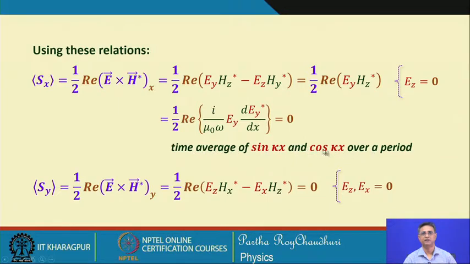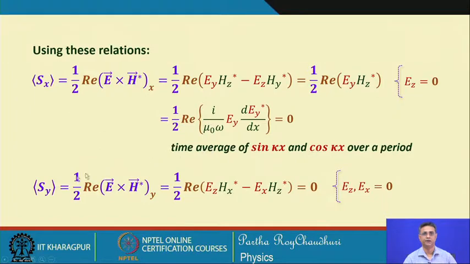Time average of sin x cosine x over a period is 0. If you take the antisymmetric mode, then the sine function after the derivative will become a cosine, and this will lead to the same consequence, that is this quantity will become equal to 0. That means there is no power flow along the x direction.